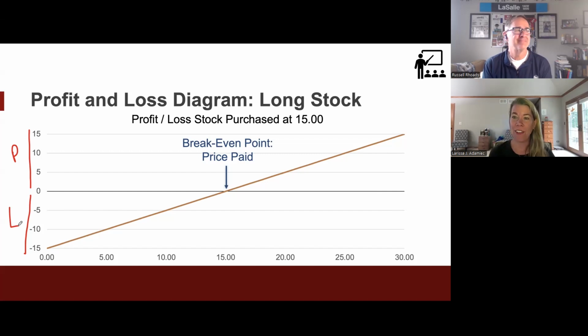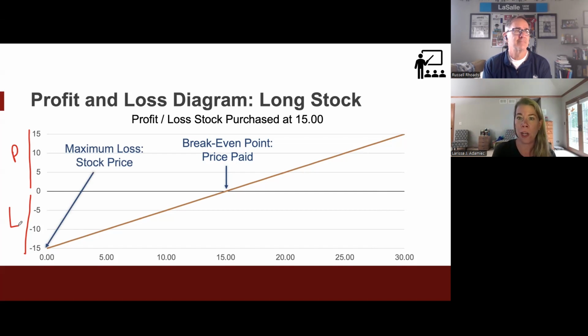Our break-even point, and this is going to be intuitive hopefully, is the price that we paid. When we are long any asset, the most we can ever lose is the amount that we paid. That's not true if we're short. But when we're long the asset and only long the asset, our max loss is the price that we paid.